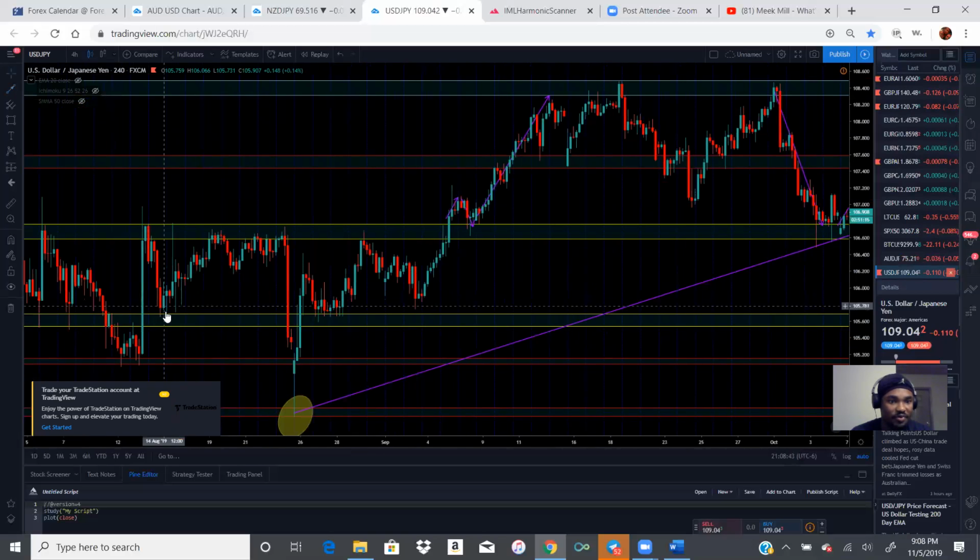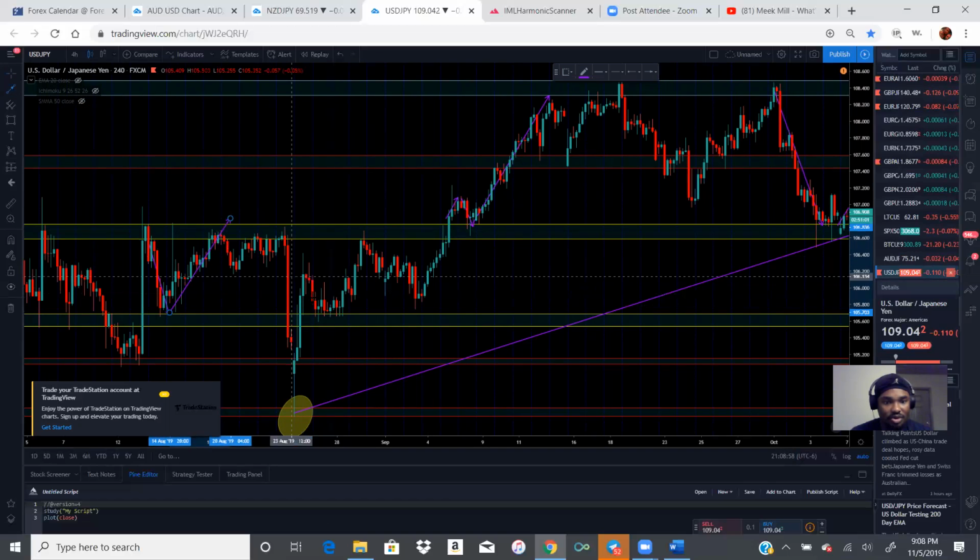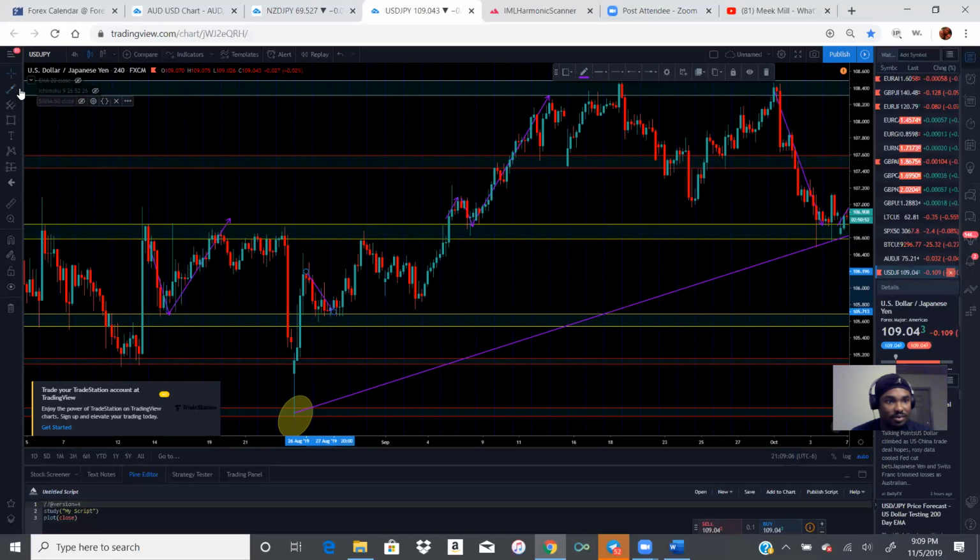Another reversal zone area right here, right? Price came into the zone, pushed away, right? We actually got a break of the zone here, but we also got price to push into the zone and shoot away from the zone in the same direction.